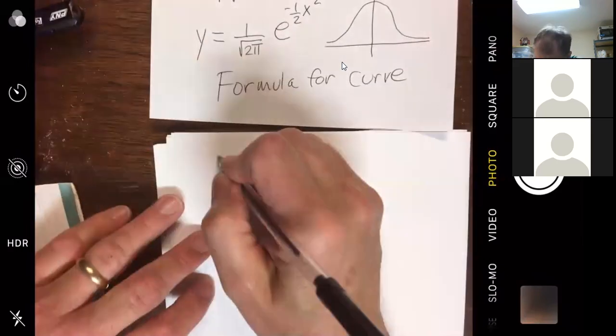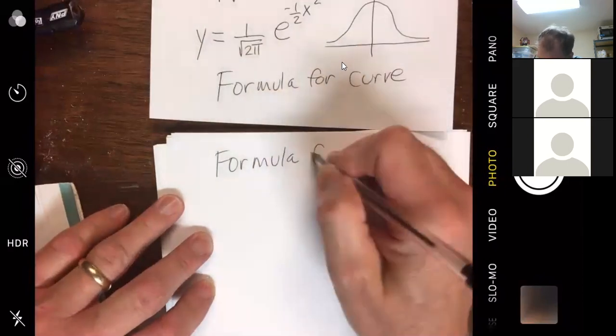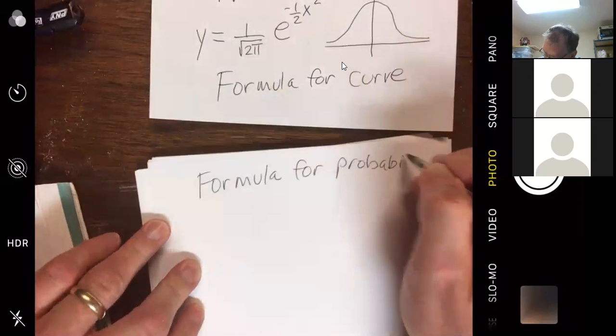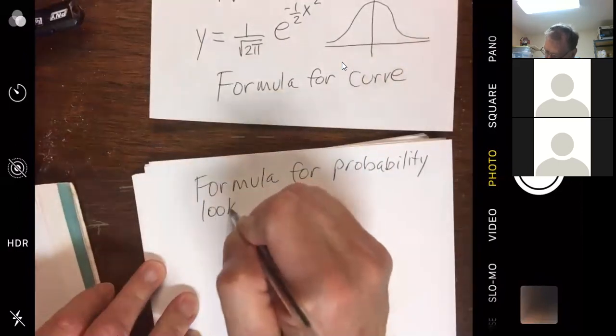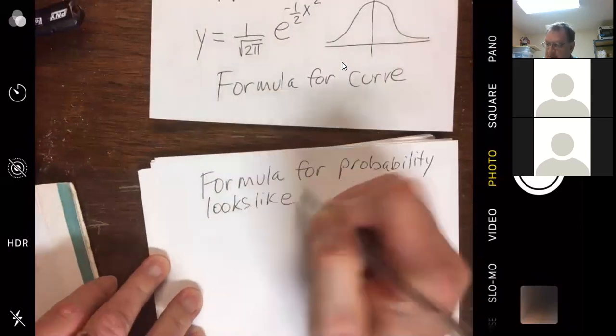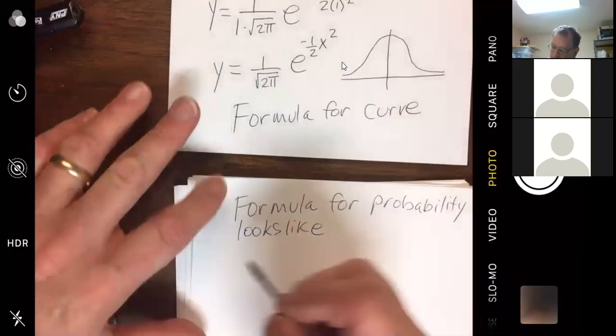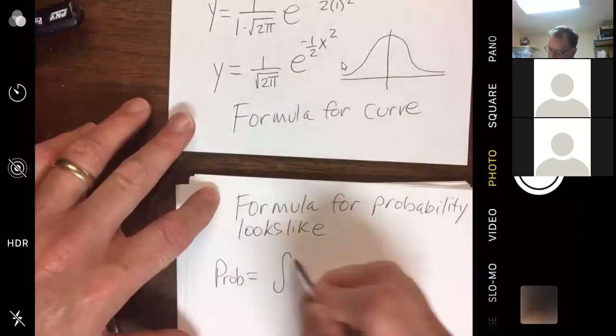Now we need the formula for probability. It involves this, so I'm trying to keep them both on the page. Probability looks like this.